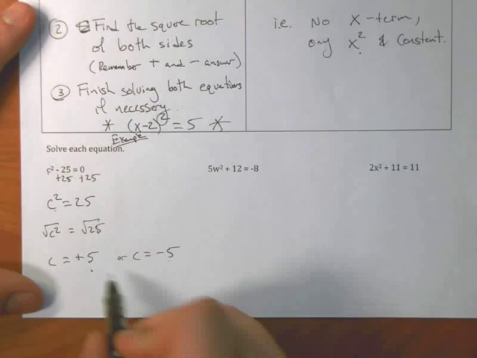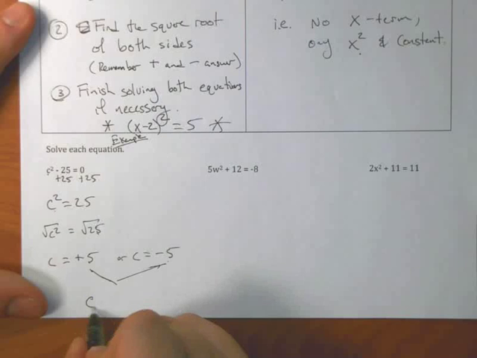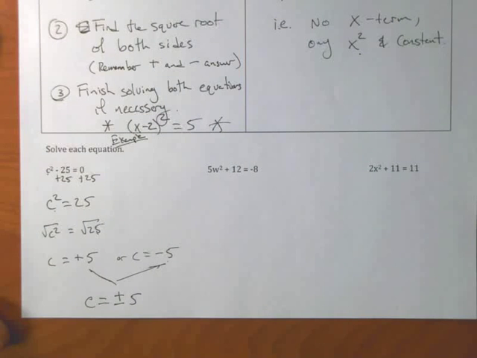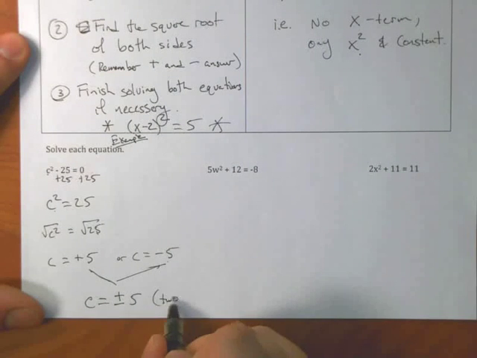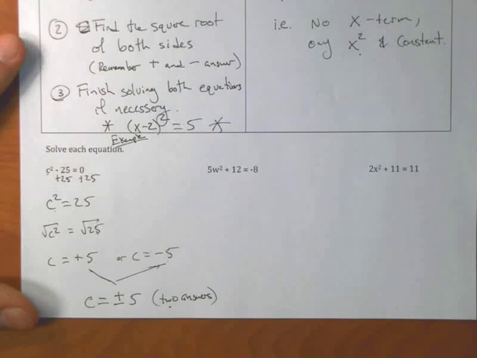We'll commonly write this as plus or minus 5. But this really is two answers, not one. It comes from positive 5 or negative 5.